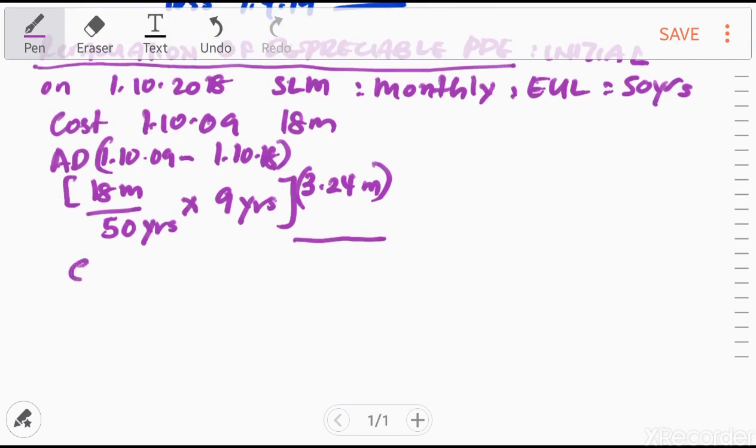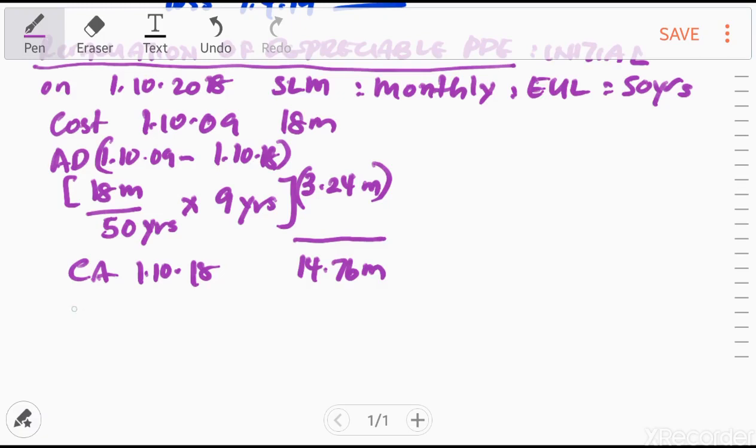So the carrying amount on 1st of October 2018, the carrying amount would be 14.76. Take your calculator, please.